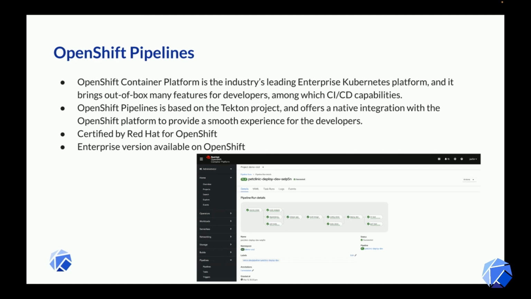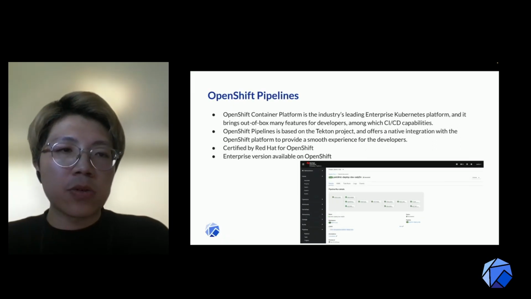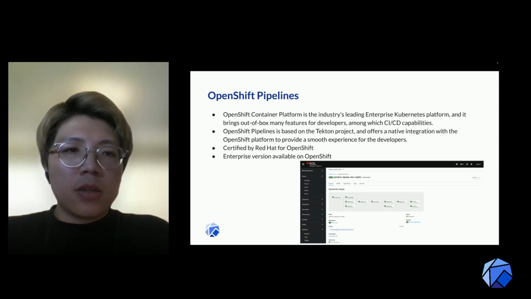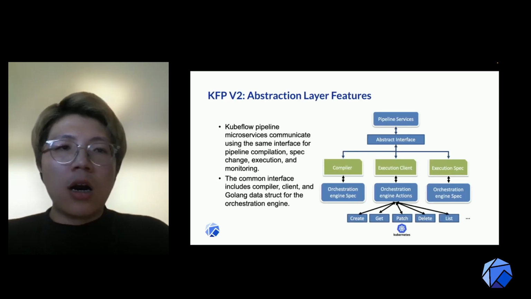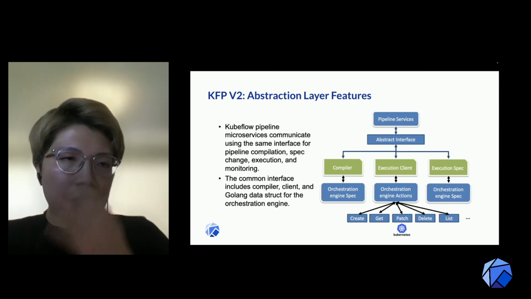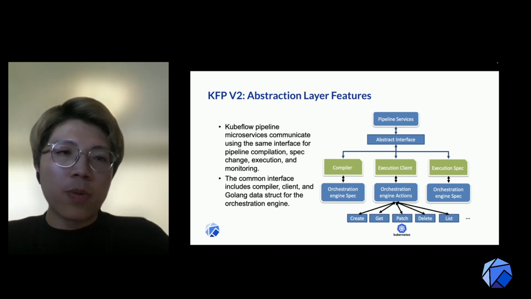And this is why we are very encouraged to run any secure ML pipelines using the OpenShift Pipelines platform. So now I have summarized, on a high level, some of the benefits of running Tekton on OpenShift, and OpenShift Pipelines, for our enterprise users.